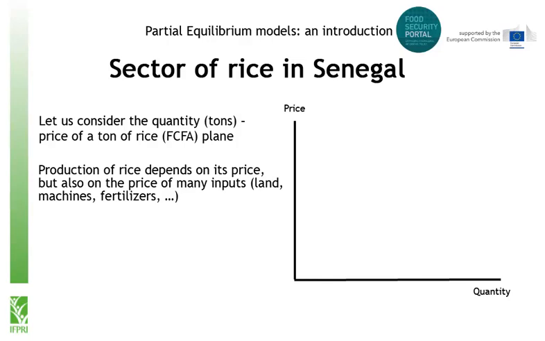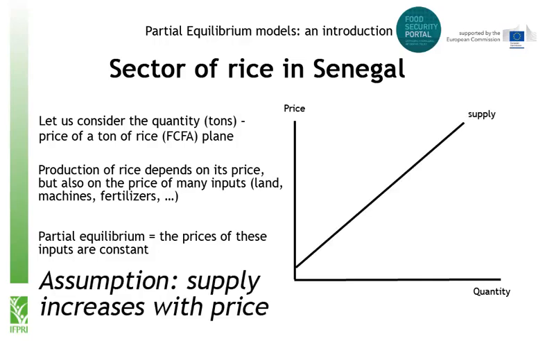What we suppose in partial equilibrium is that the prices of these inputs are constant. This is the assumption characterizing partial equilibrium models. So we can focus on the relationship between supply and price. Here I consider that supply increases with price, and this reflects increasing marginal costs.